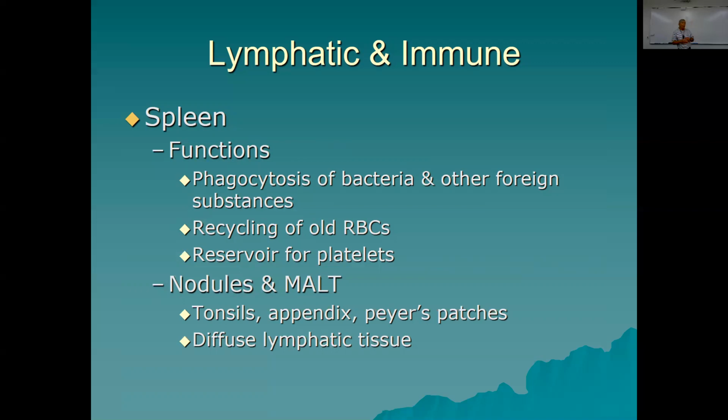MALT is mucosal associated lymphatic tissue, like little nodules, and they are like border guards, the first on the borderline between the outside and the inside, and hopefully they can be the first ones to attack these invaders.